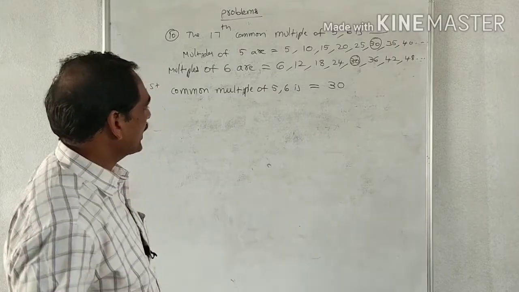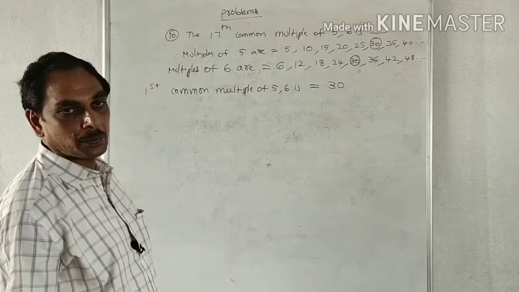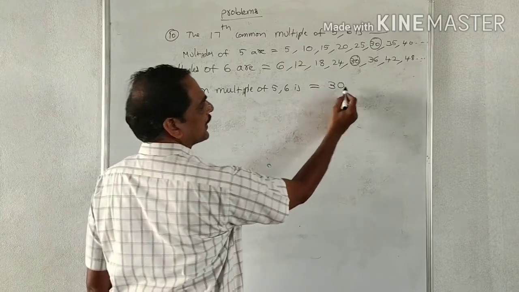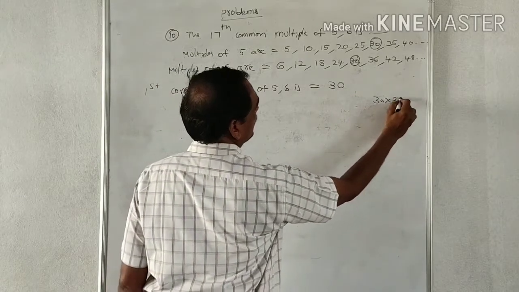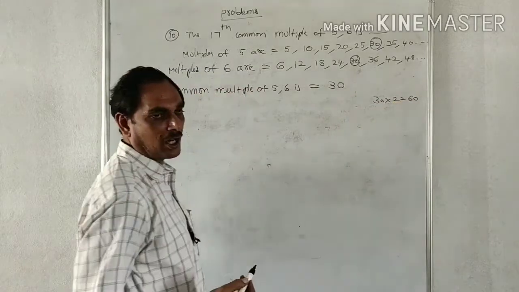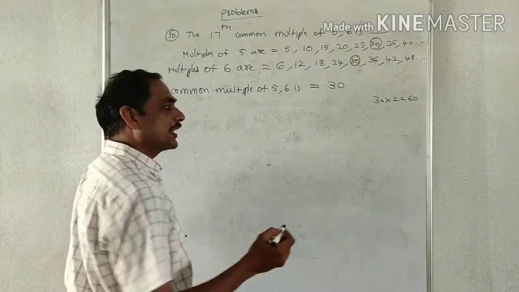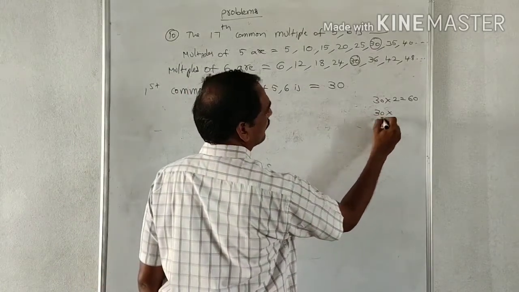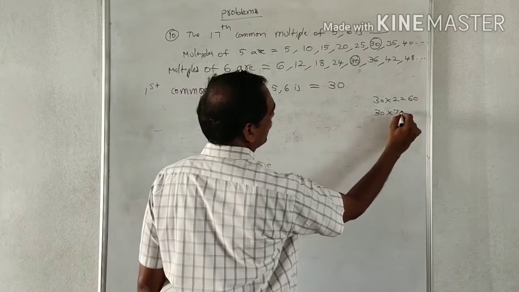Next, to get the second common multiple of 5 comma 6, we multiply 30 with 2. To get the seventh common multiple of 5 comma 6, we multiply 30 by 7.